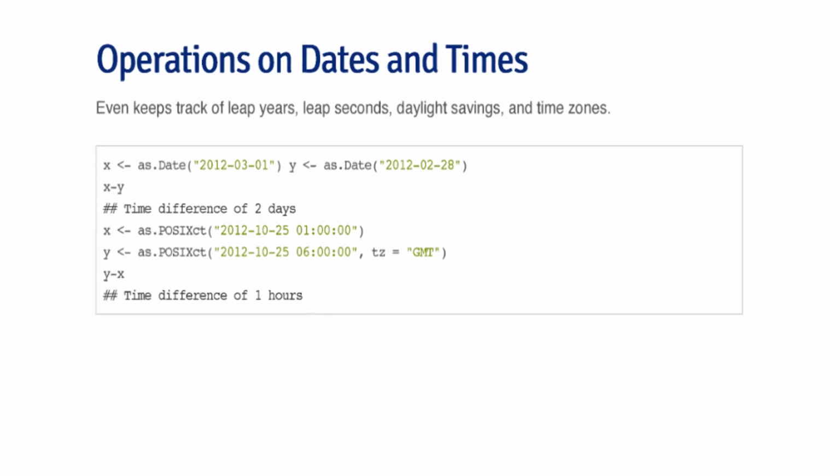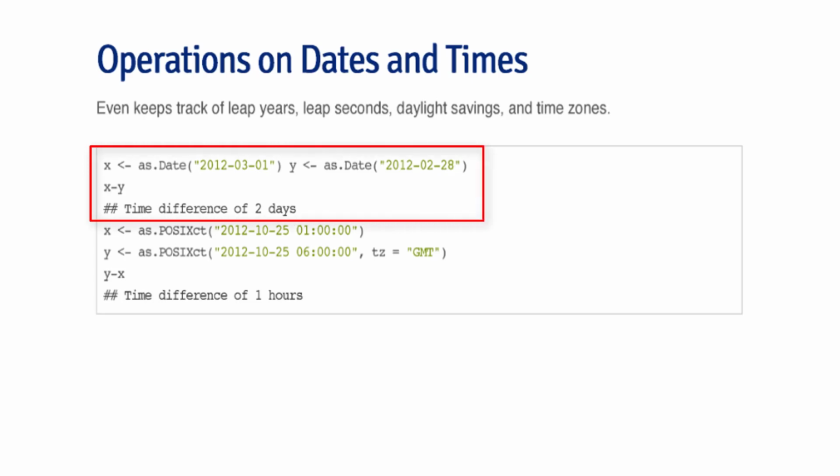The nice thing about the date and time operators is that they keep track of very tricky things like leap years, leap seconds, daylight savings, and time zones. So just this first example here, you can see that 2012 was a leap year, and so there was a February 29th. And so the difference between March 1st and February 28th is actually a difference of 2 days, not a difference of 1 day like it is every other year.